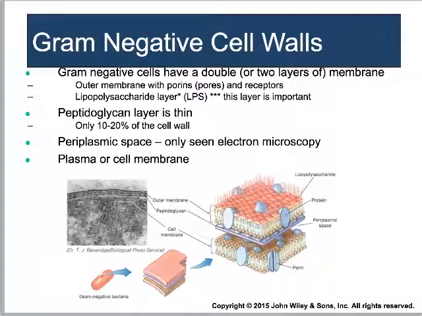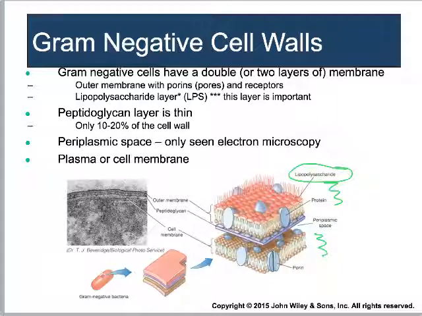Now, gram-negative cell walls are completely different. They have two layers of membrane, an outer layer and an inner layer. The outer layer has these things called porins in it, which are pores, and some receptors. But they also have this thing called lipopolysaccharide, which I have on the next slide.